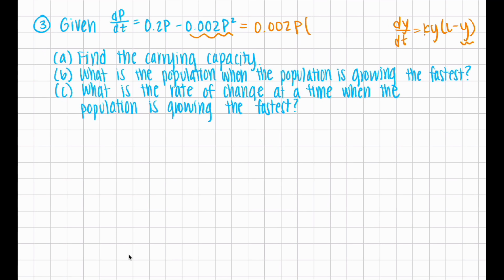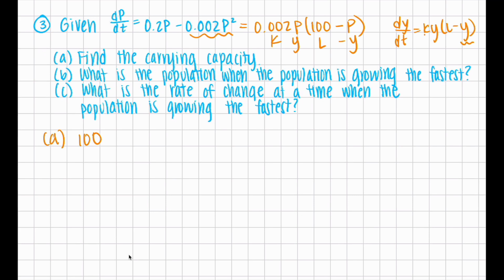And when I do that, 0.2 divided by 0.002 is 100. Notice now we're in the form ky times L minus y. So letter A, find the carrying capacity. That's going to be 100.